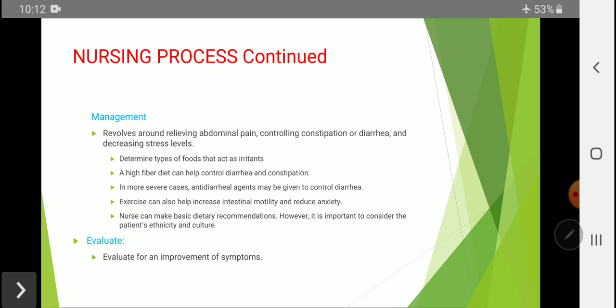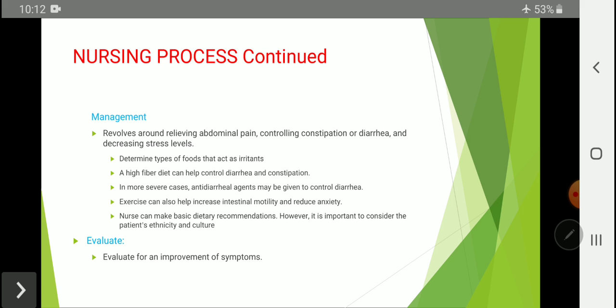Exercise can also help increase intestinal motility, which helps improve symptoms associated with IBS, and it can also help reduce anxiety in general. And then as nurses, what we can do is make basic dietary recommendations. However, it is important for us to consider the patient's ethnicity and culture.